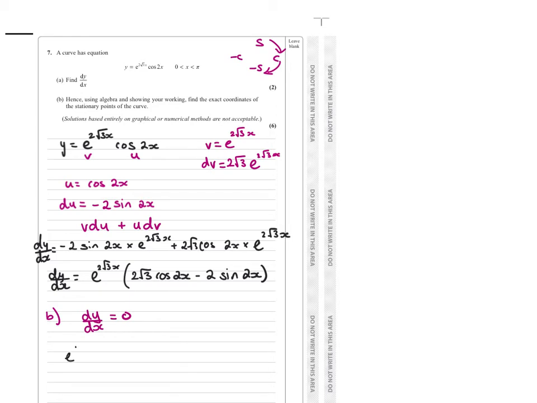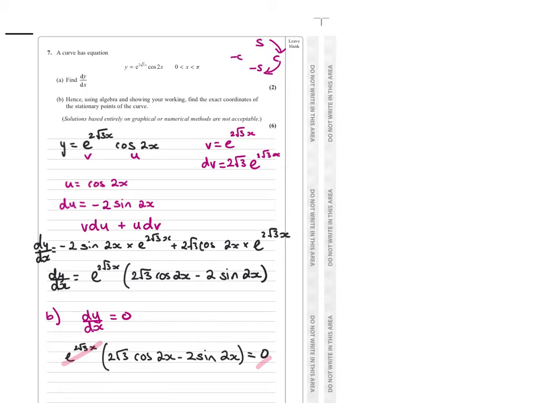So I get e to the 2 root 3x, lots of 2 root 3 cos of 2x minus 2 sine of 2x equals 0. I'm going to divide everything by e to the power of 2 root 3x. Why? Because then this is going to disappear from this side. 0 divided by e is still 0.